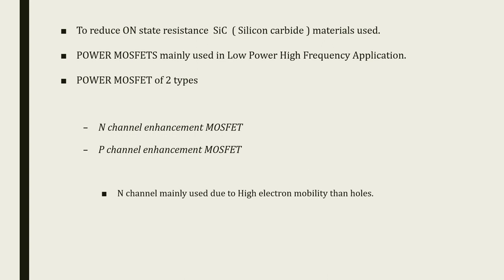So, to reduce on-state resistance, silicon carbide materials are used instead of silicon materials in power MOSFET, so that the on-state resistance, one of the major disadvantages of power MOSFET, can be somewhat reduced.